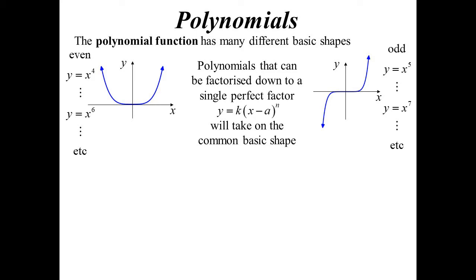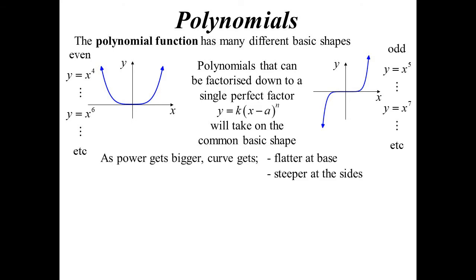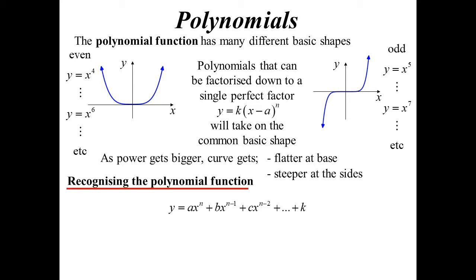So any odd power. But again, the higher the power, deeper at the sides, shallow at the base, and I think I've really exaggerated that one because it even looks flat at the base there. I might have overdone it a bit with my picture there. But that's the idea. It'll always take that sort of shape. Now, any other polynomial function will look like up and down, up and down, up and down, depending on the function as to how many turning points it might have.